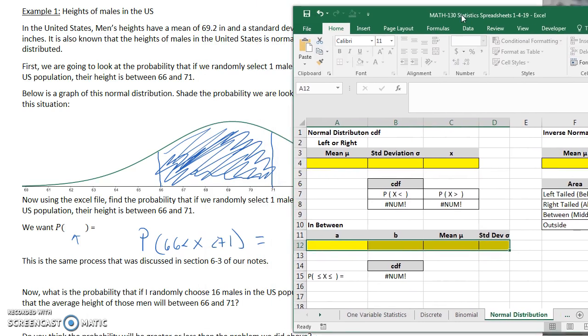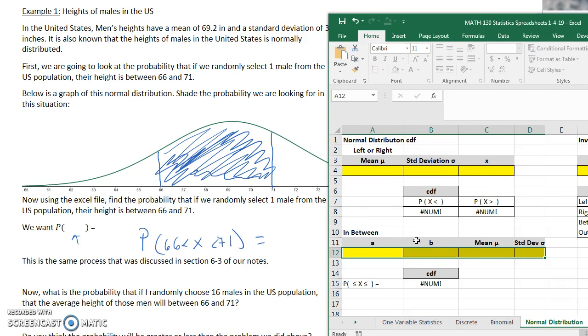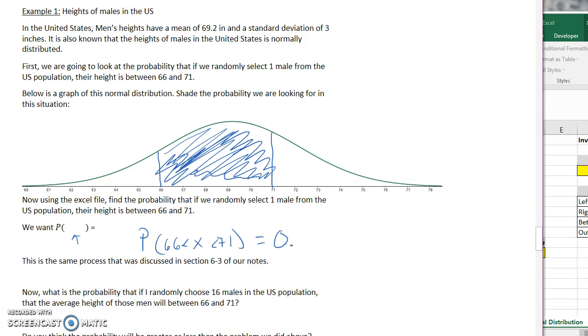We're going to use not the left or right distribution, but the in-between. So we are in between 66 and 71 with a mean, it tells me up in the top of the problem, of 69.2, and our standard deviation is 3. So what is the probability that I select somebody? 0.5827.